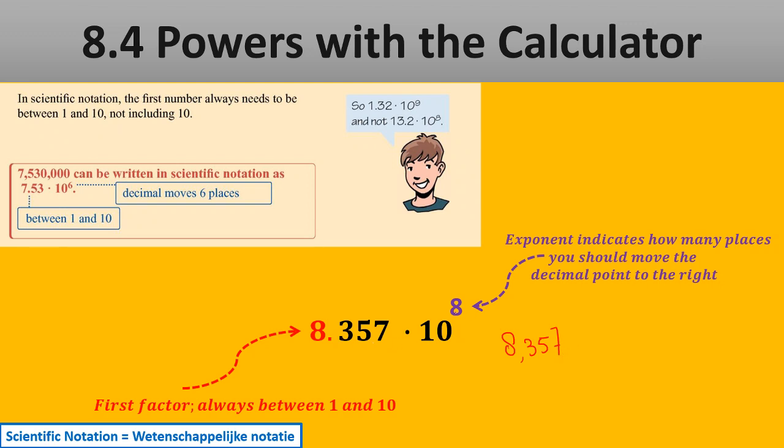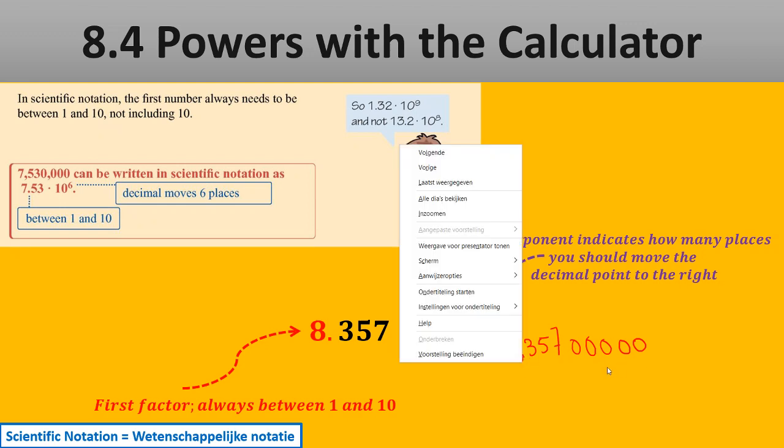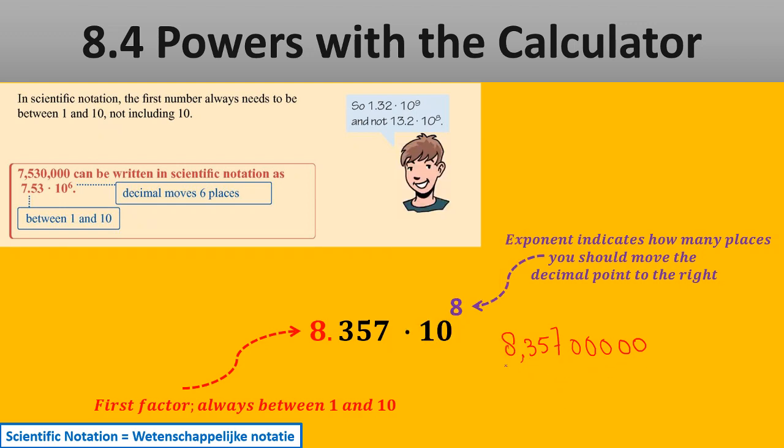But I still have 5 left. So I have to add 1, 2, 3, 4, 5. Okay. And you see that I made a small mistake here because the comma is not going to be here. The comma is going to be right there. Okay, so this comma, like this.